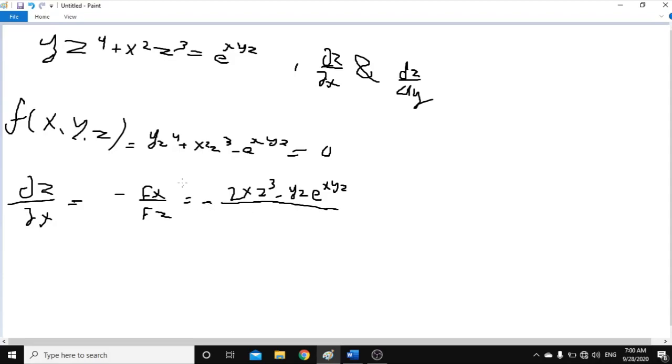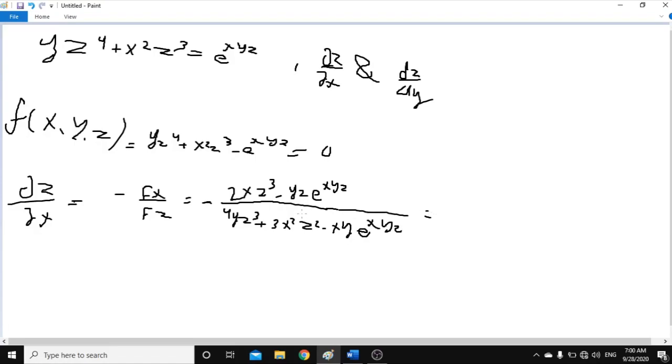And then over, we find with respect to z here, 4 we take to the front, 4 times y times z cubed, plus 3 we also take to the front, 3x square times z square, and then negative. We take the derivative of the power, which leaves x times y, e to the x times y times z.